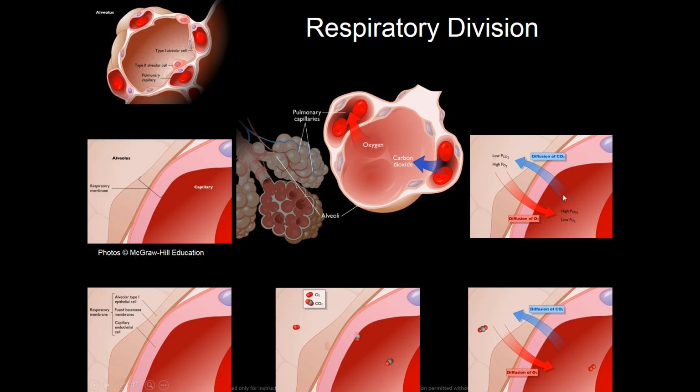And everything happens by diffusion. So an area of high concentration of oxygen will diffuse the oxygen into an area of low concentration of oxygen, and an area of high concentration of CO2 will diffuse the CO2 into an area of low concentration of CO2.